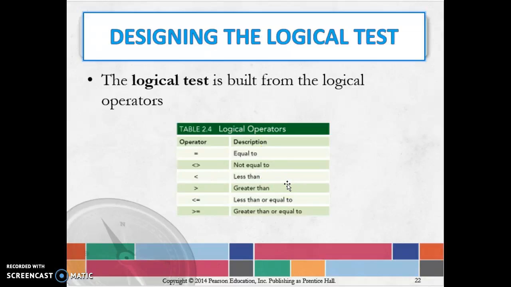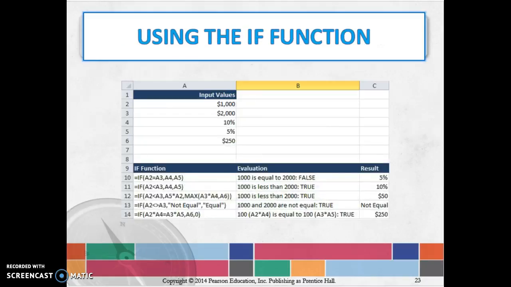So you might say if cell A2 is not equal to cell A3, return the value yes, or whatever. You can truly just build whatever you want using these different logical operators. So this gives you a little example of how that works.